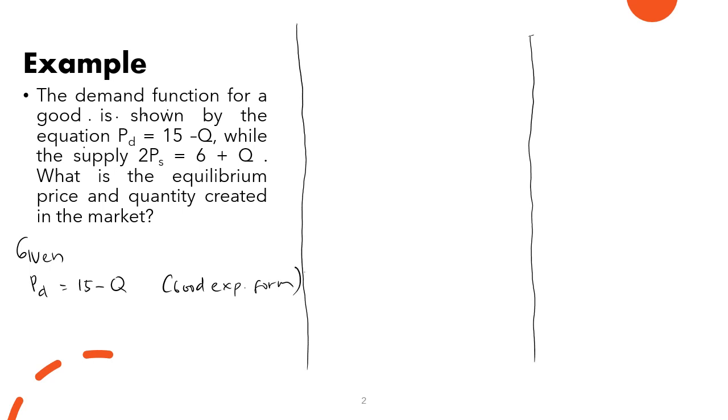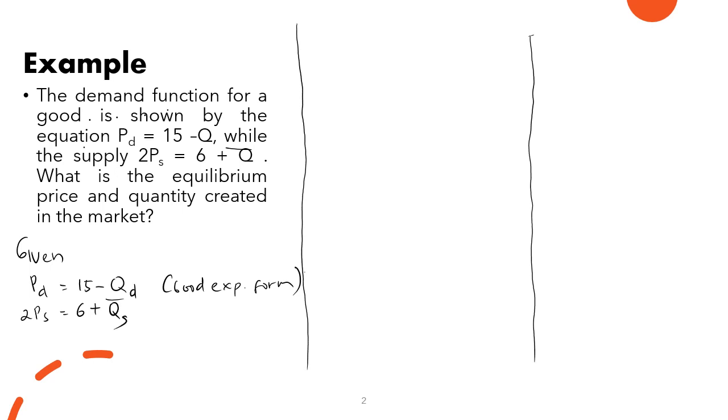Now look at the supply: 2PS equals 6 plus Q. So I give this a D because this is PD, and this is QS because it is the equation of PS.